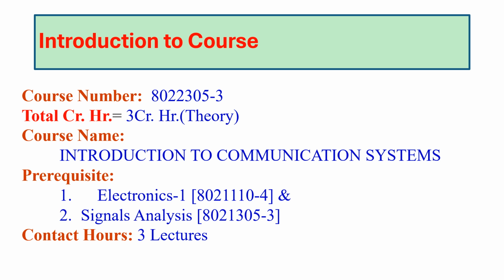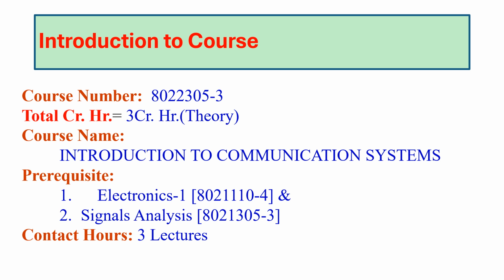To enroll in this course, you must have fulfilled two essential prerequisites. One is Electronics 1, which has the code 8021110-4, a course in which you acquired fundamental knowledge of electronic devices and circuits.